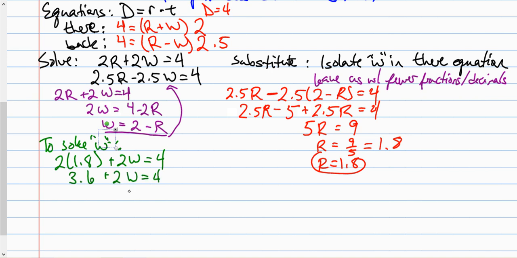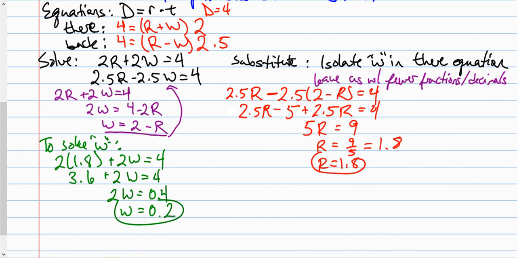Subtract 3.6 from both sides. 2W equals 0.4. Divide both sides by 2. You're going to wind up with W equals 0.2. That should be my W.